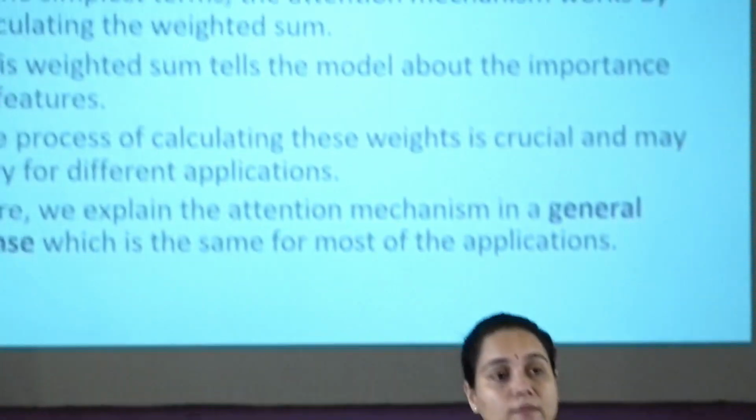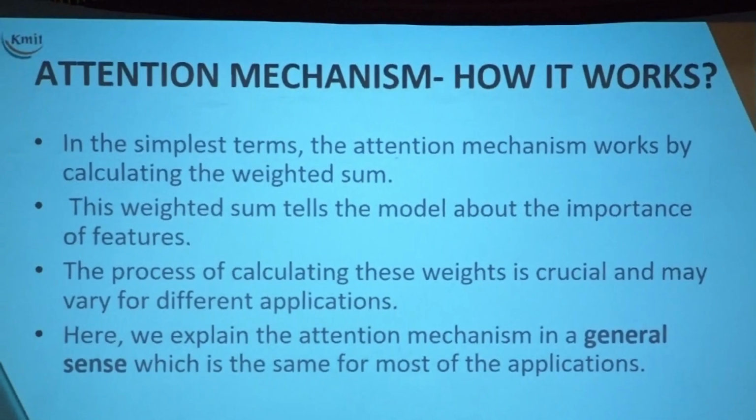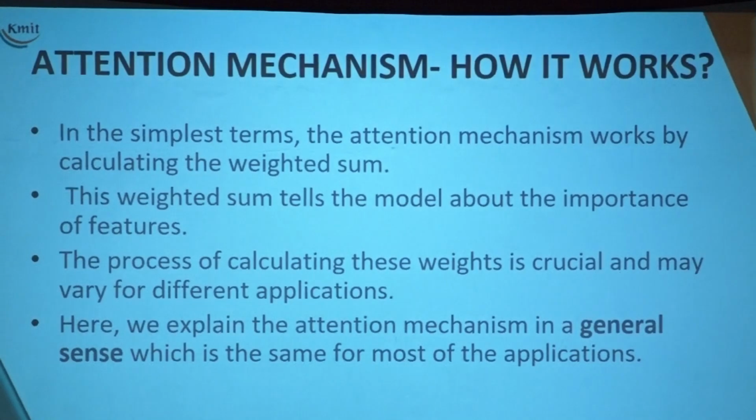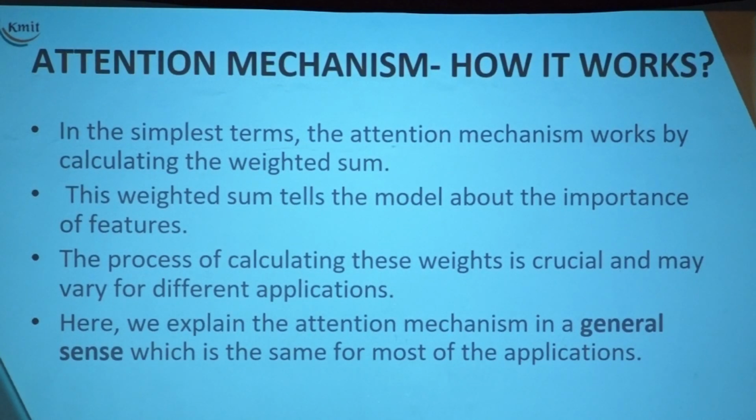Now the working of the attention mechanism that we are going to see. In the simplest terms, attention mechanism works by calculating a weighted sum. This weighted sum tells the model about the importance of the features. The process of calculating these weights is crucial, and it may be different for different applications. Here I am explaining the attention mechanism working in a very general sense.